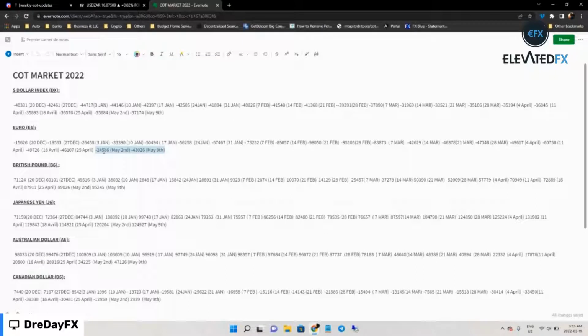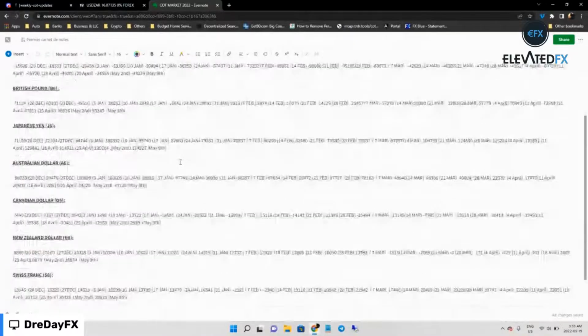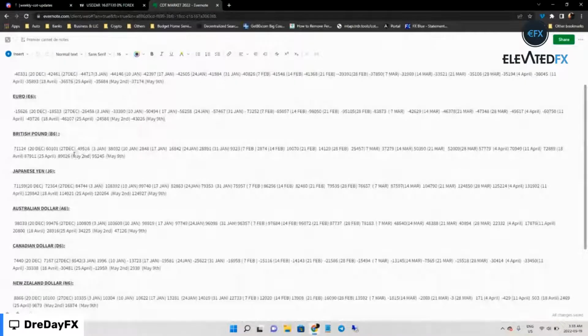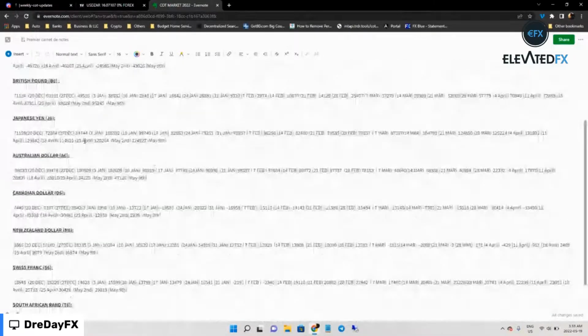This one is almost 19,000 in difference. So I take note of it. The euro is a big mover, the biggest mover of all right now. This one is 6,000. This one is 4,000 roughly.